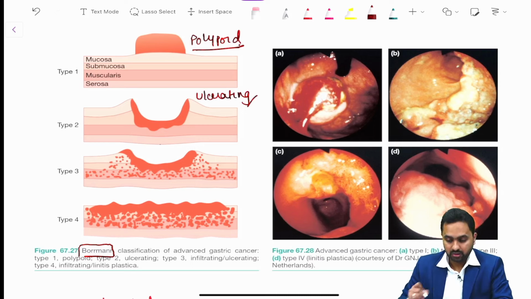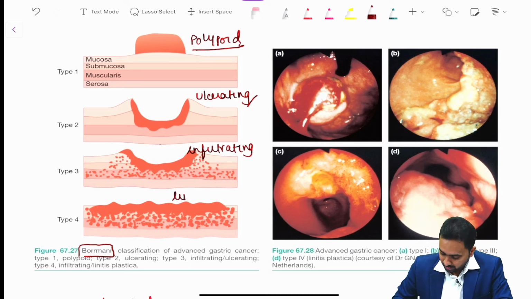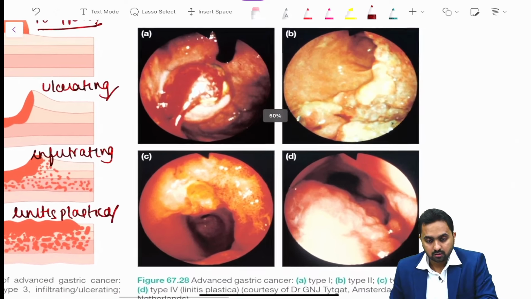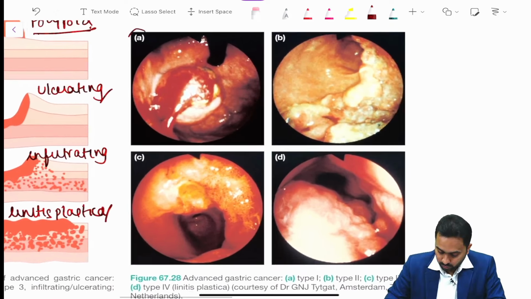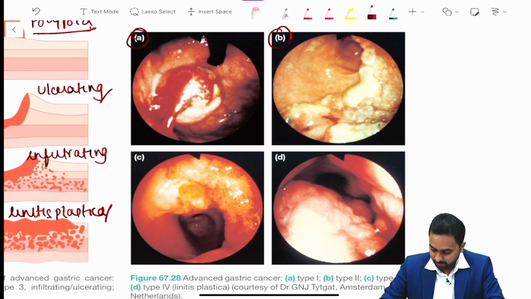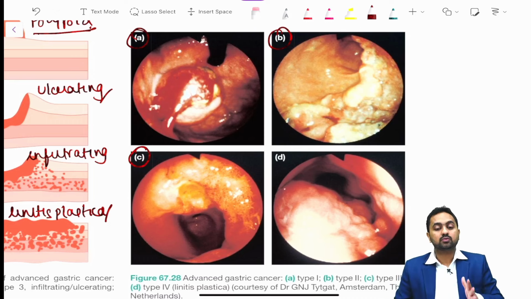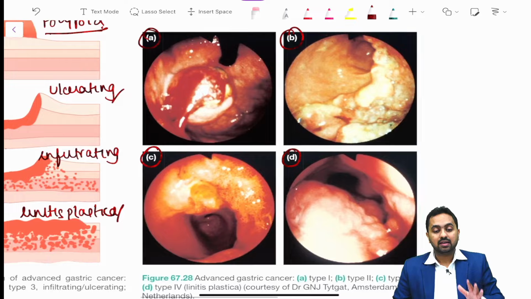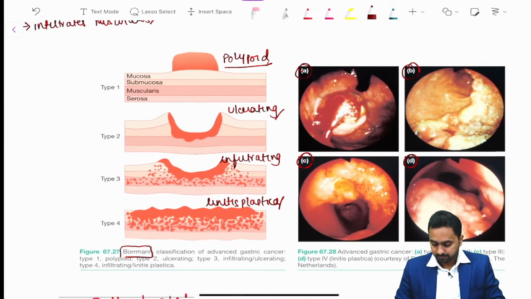Type 3 is the infiltrating type, and type 4 is linitis plastica. Looking over here, image A shows the polypoid type, image B shows the ulcerating mass, image C shows the infiltrating type, and image D shows the entire linitis plastica.